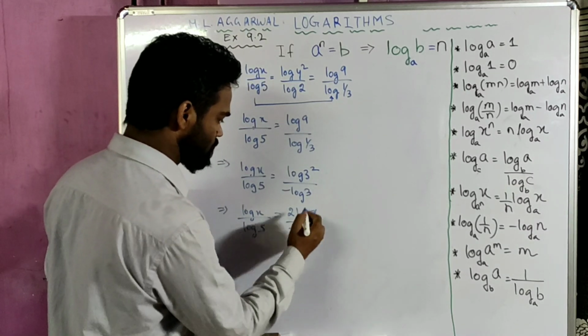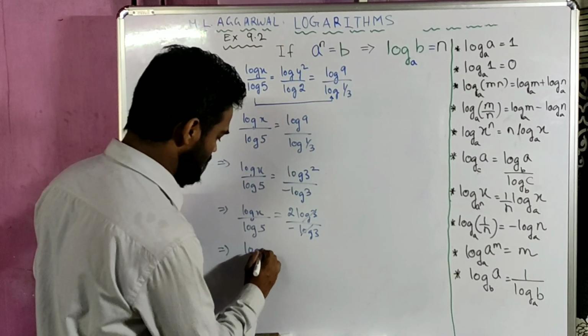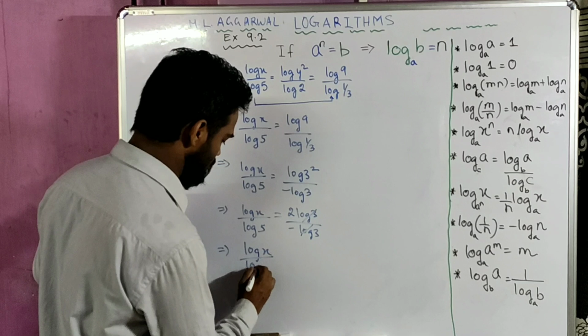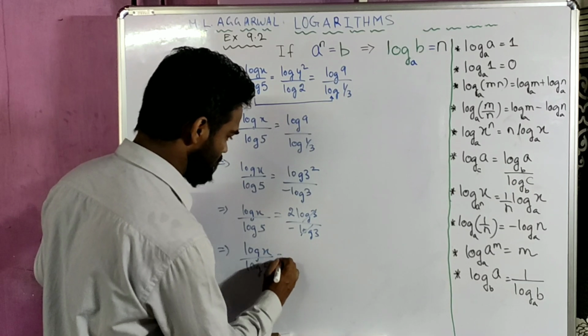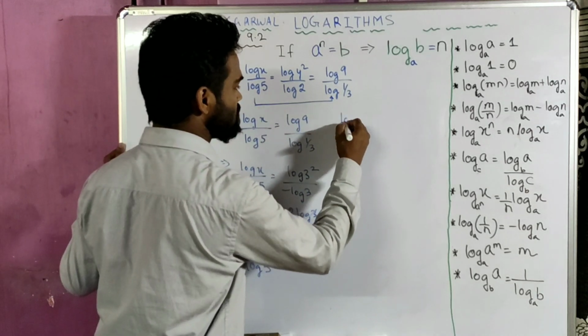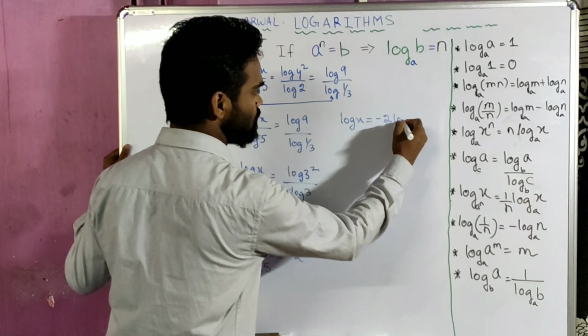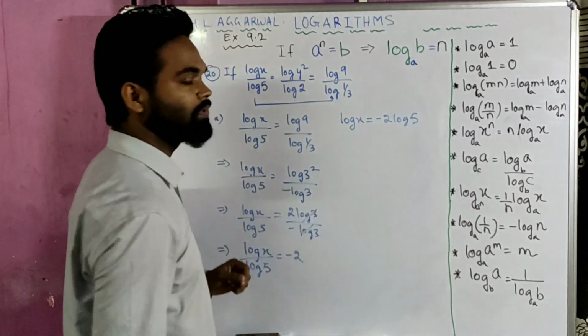So log 3 cancels out. What remains? Log x by log 5 equals minus 2. Okay, now we can write this as log x equals minus 2 log 5. Clear?